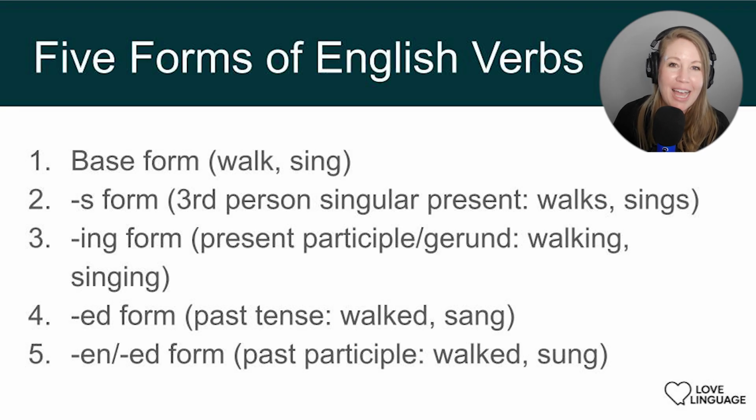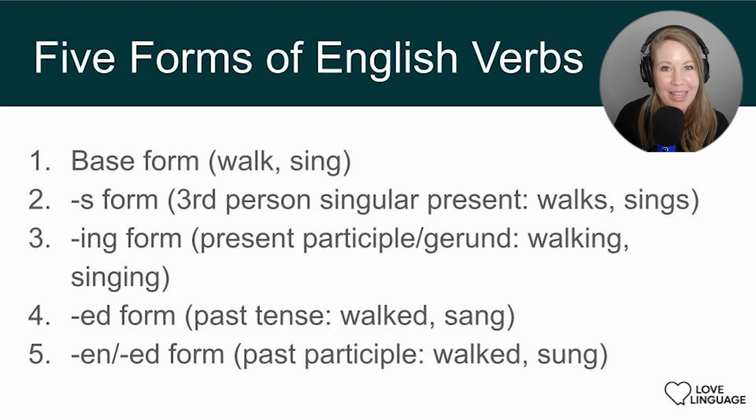The third form we have is the ing form, and we call this the present participle or sometimes the gerund form. So examples are walking and singing. You'll see this in progressive tenses like I am walking and when verbs function like nouns. Walking is healthy. Fourth is the ed form, like walked.